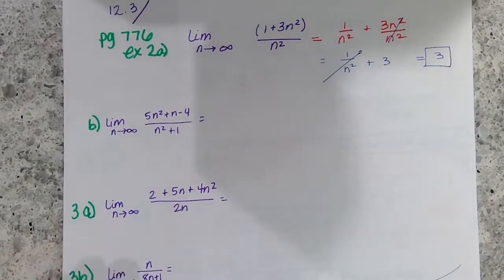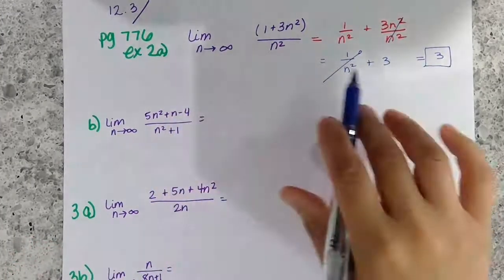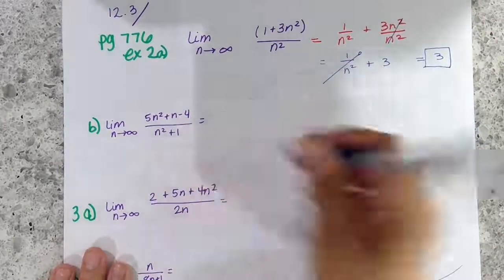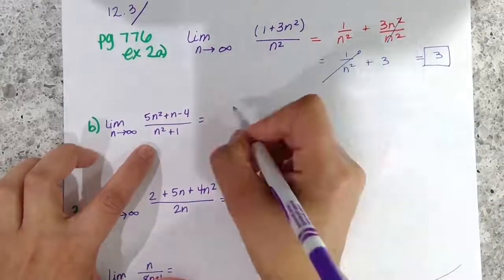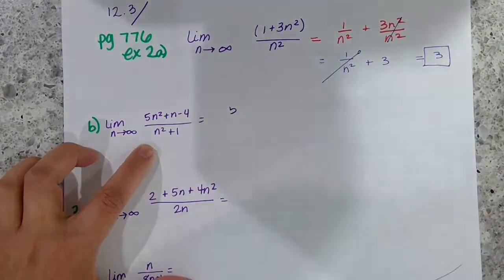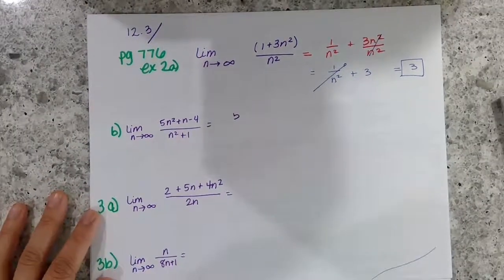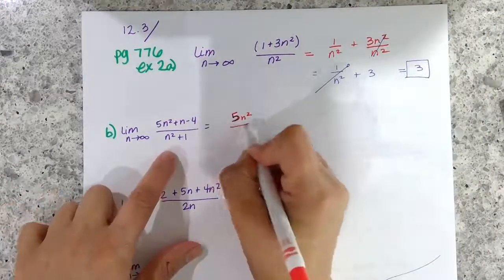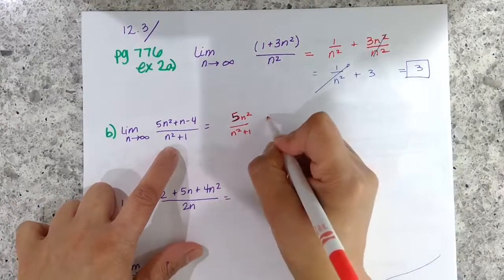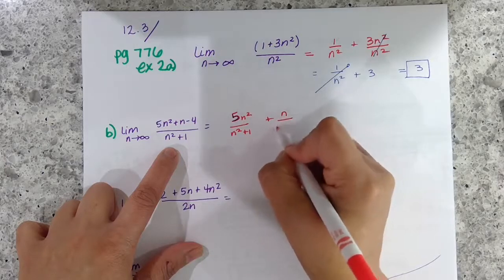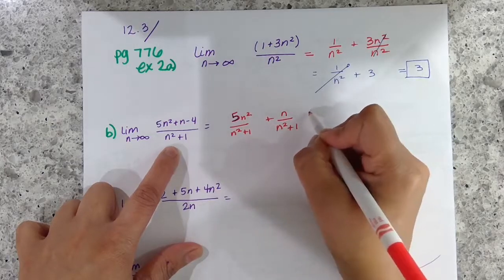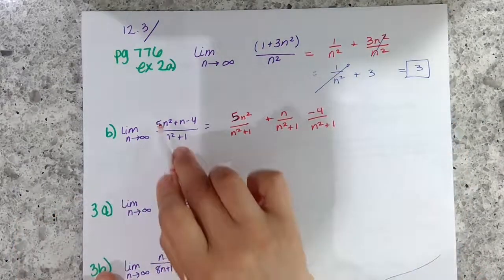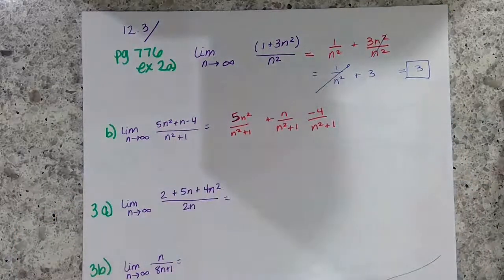Next problem. I think your book breaks it apart, but it's easier just to think about it this way. I'm going to do this one a little bit differently. It says, okay, I'm going to simplify it again. And the more you do of these, the more you can just see this. So 5n squared divided by n squared plus 1, plus n divided by n squared plus 1, minus 4 divided by n squared plus 1. Okay, so I just divided this by each term, and then I'm going to simplify it.